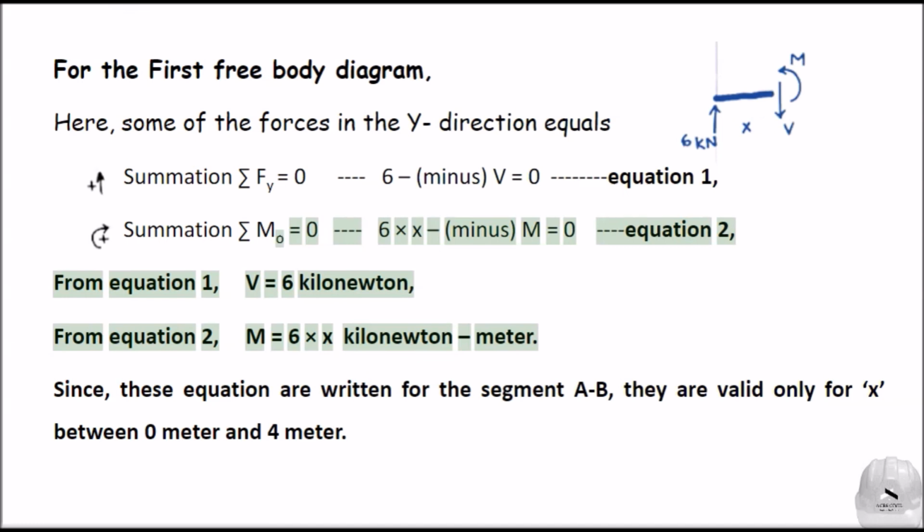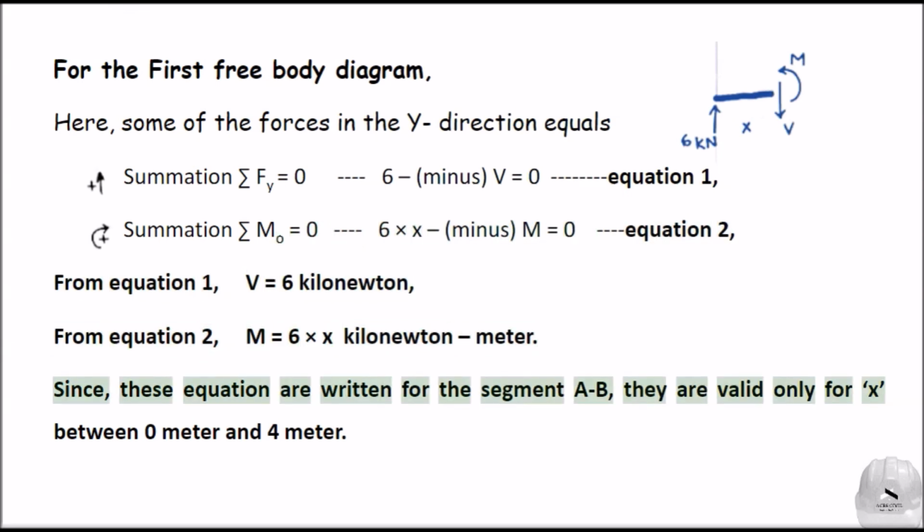From equation 1, V equals 6 kN. From equation 2, M equals 6x kN meter. Since these equations are written for segment AB, they are valid only for x between 0 meter and 4 meter.